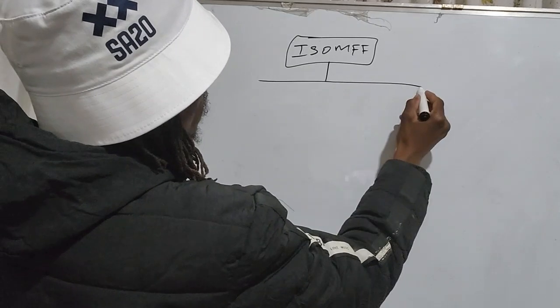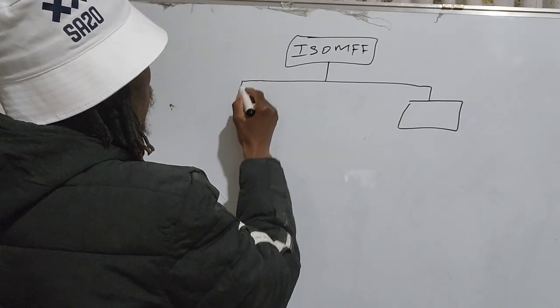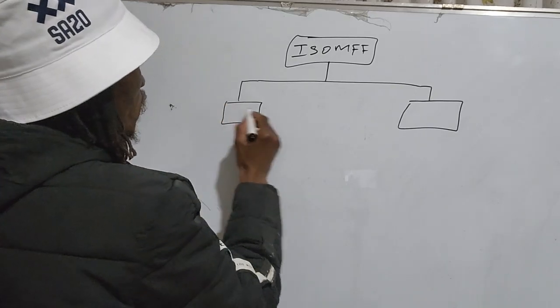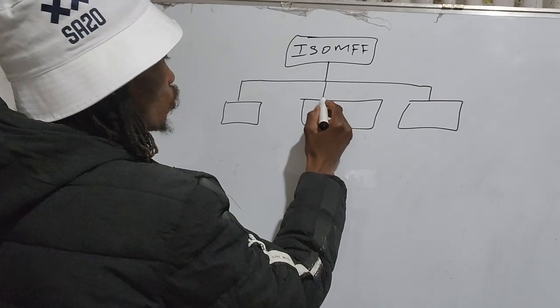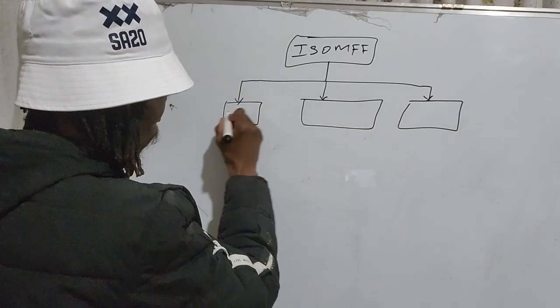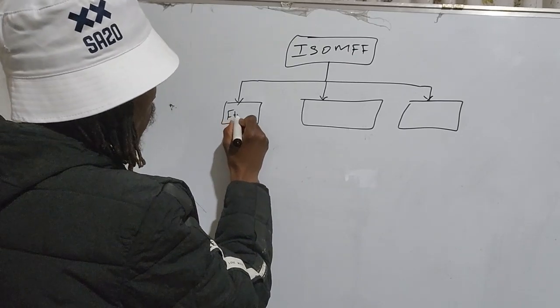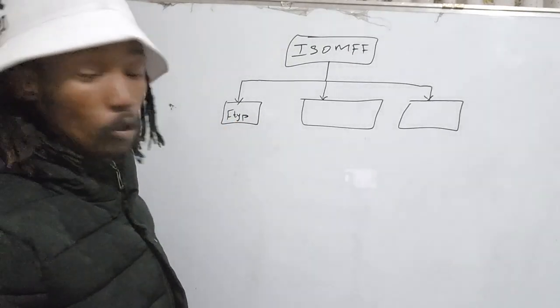So an MP4 file is structured in a family tree-like manner where there are objects that compose that MP4 file, and these objects have a name which is four characters.